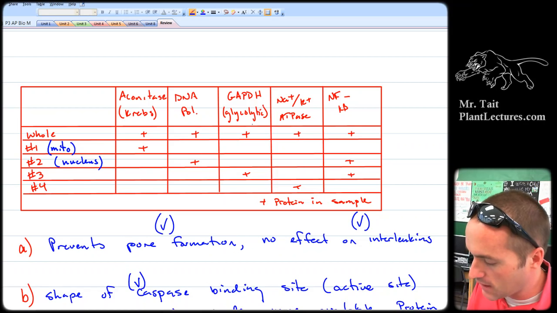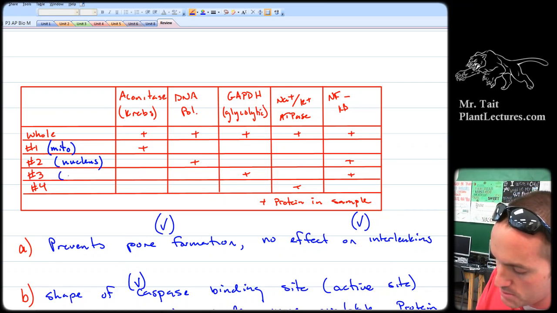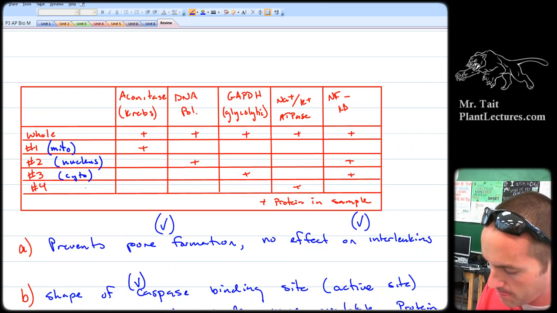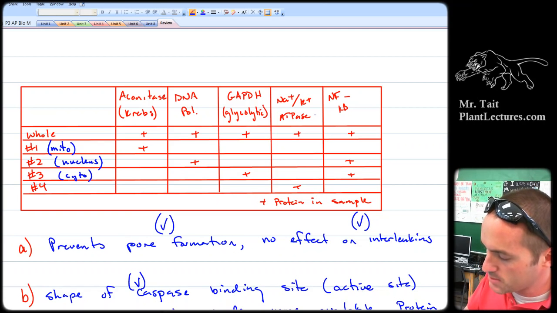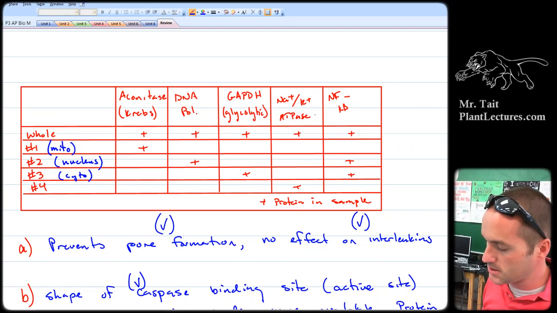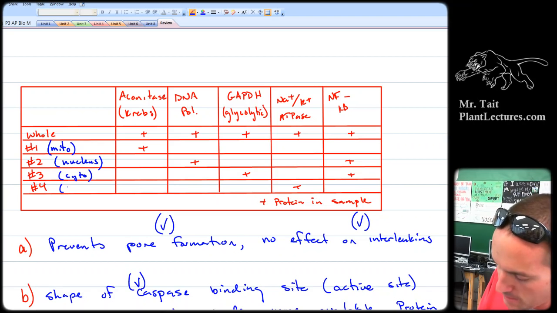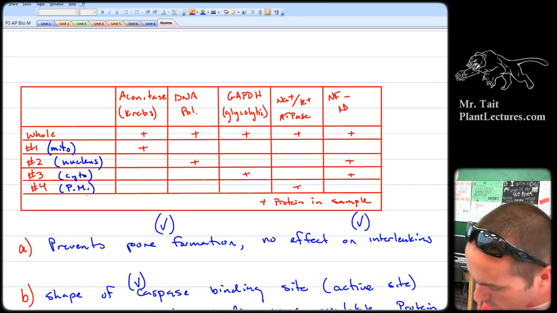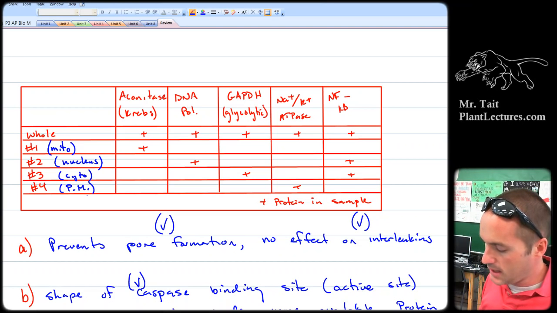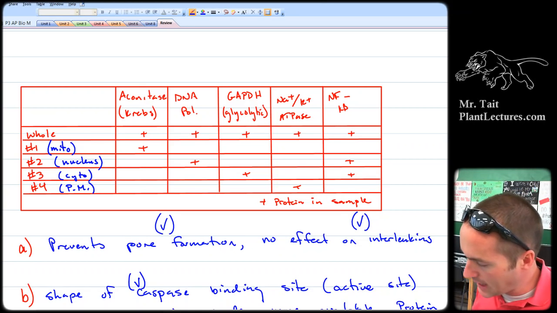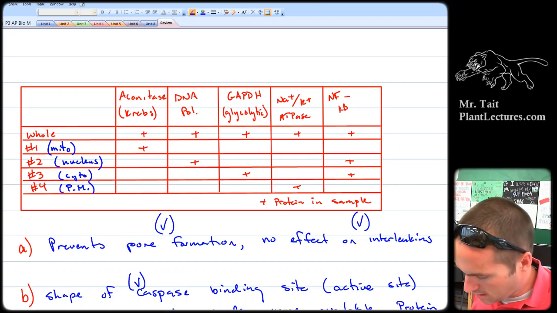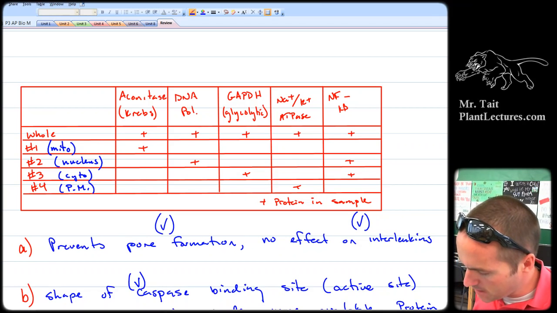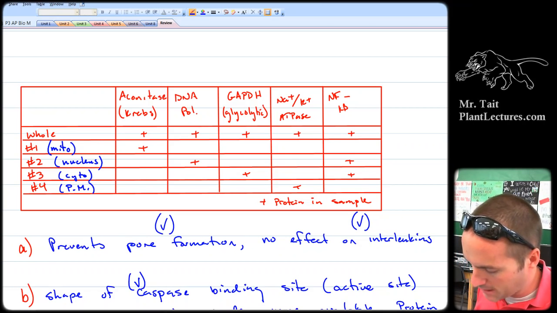This is a glycolytic protein, so it's part of glycolysis, which happens in the cytoplasm. And then this was the Na plus K plus ATPase, or the sodium potassium pump, which is found in the plasma membrane. And so then it is asking about NF-kB protein, and it says it's located in the cytoplasm, right?